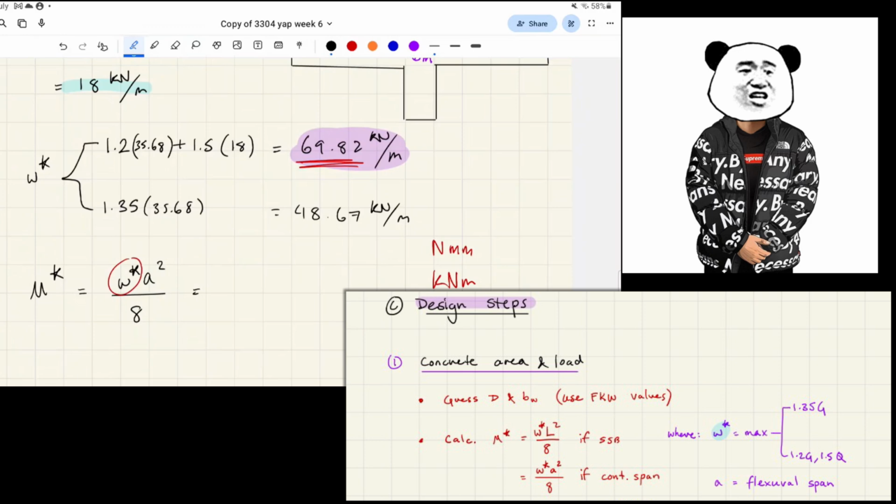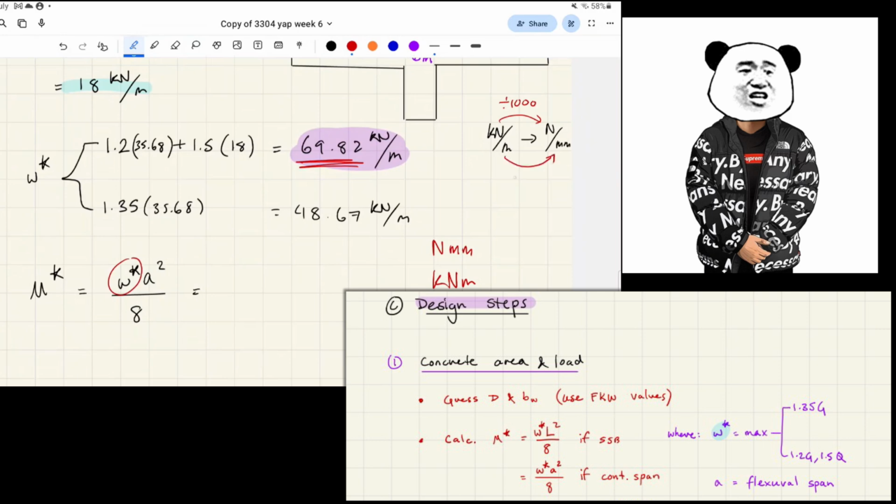I'm trying to edge you to this little trick. How do you convert kilonewtons per meter to newtons per millimeter? Is it divided by a million? No. How do you get kilonewtons to newtons? Times by 1,000. And how do you get meters to millimeters?